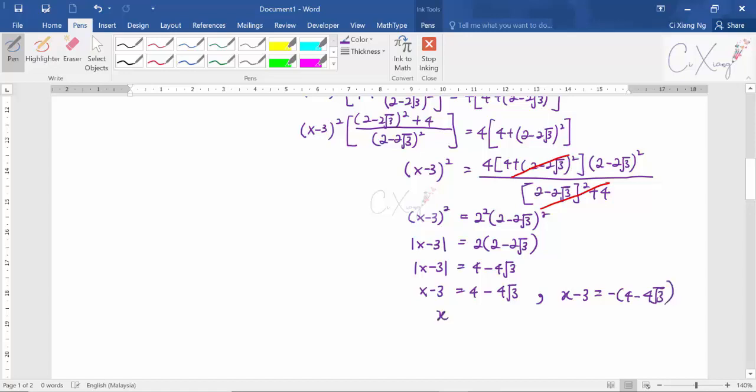Okay, so eventually I'm having x equals to 7 - 4√3. Then x equals to -4 + 4√3 + 3. So for this x, it will be 4√3 - 1. Alright, so you're having two values for x.